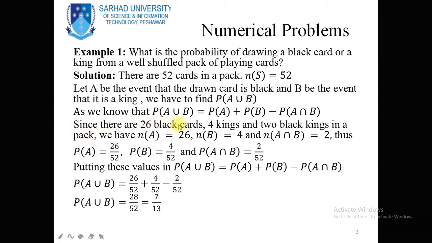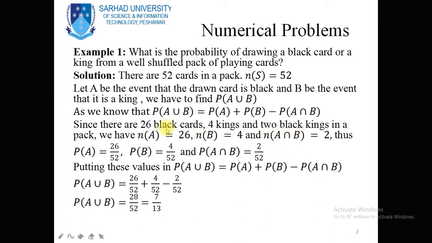There are 26 black cards, 4 king cards and 2 black king cards in a pack. So the number of outcomes in event A is 26 and in event B is 4. The number of outcomes in A intersection B is 2, the intersection of these two events A and B.